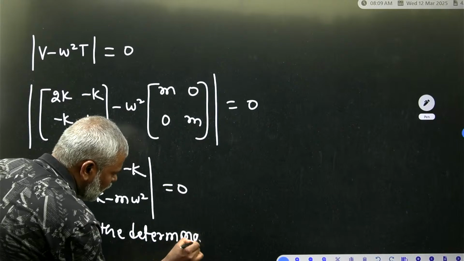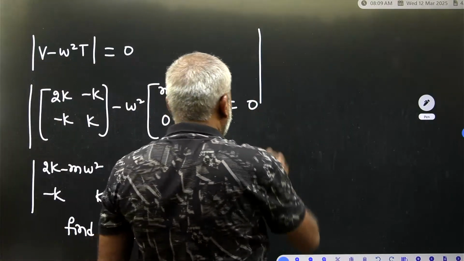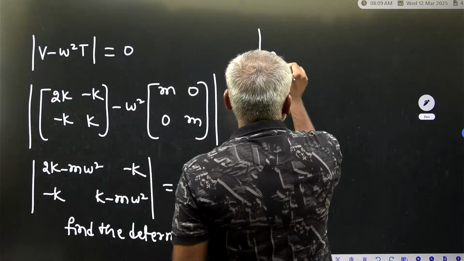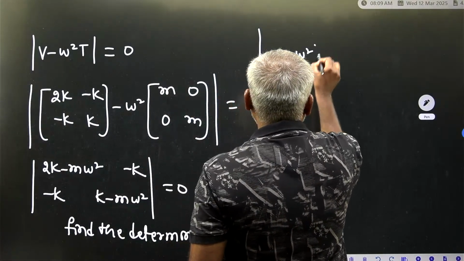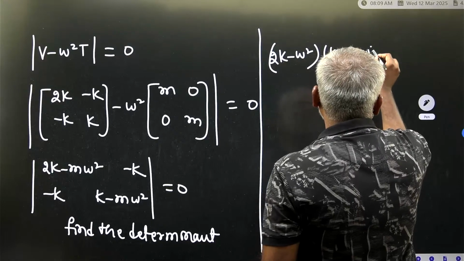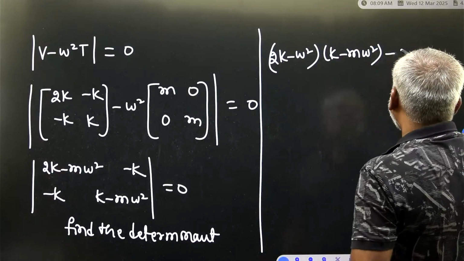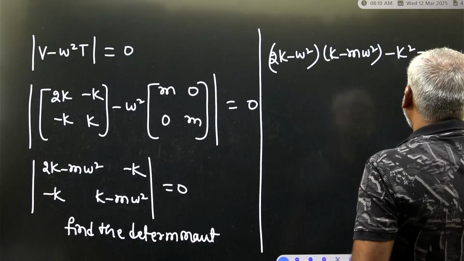How we have to calculate the determinant, you are able to see here. So you have to calculate (2k minus m omega square) into (k minus m omega square), minus k square is equal to 0.